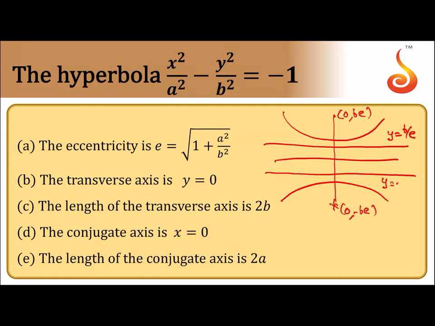This will be y equal to B by E and y equal to minus B by E. So this is transverse axis and this is conjugate axis. So length of transverse axis is 2b, length of conjugate axis is 2a. Same concept, length of latus rectum will be 2a square by b.